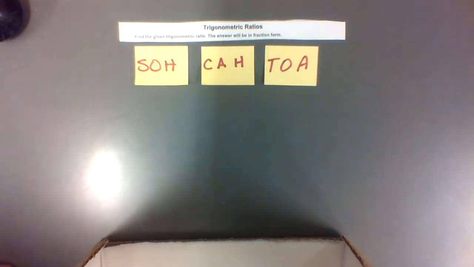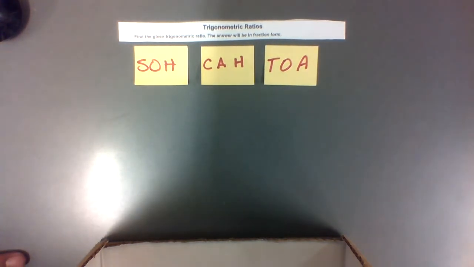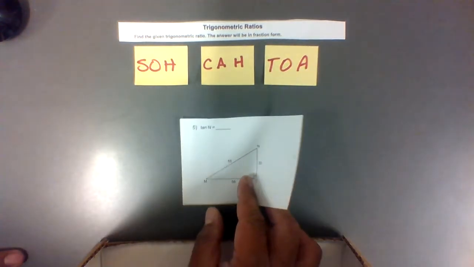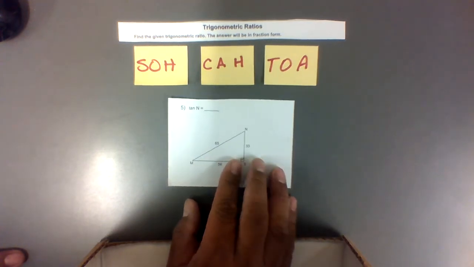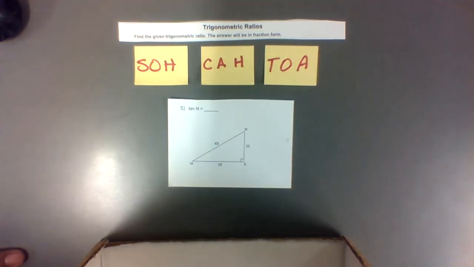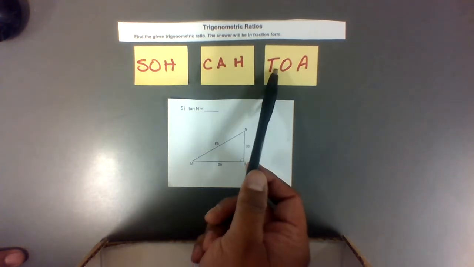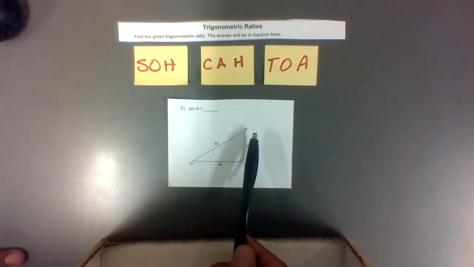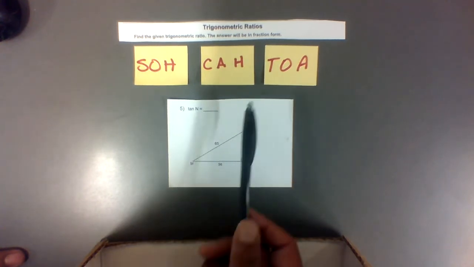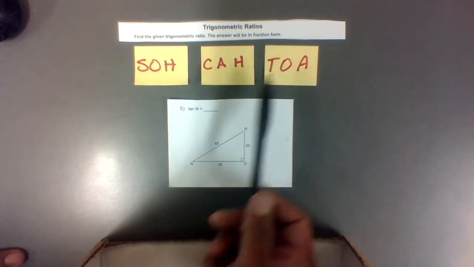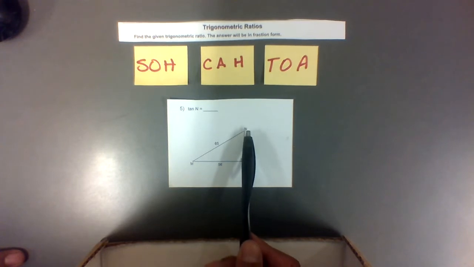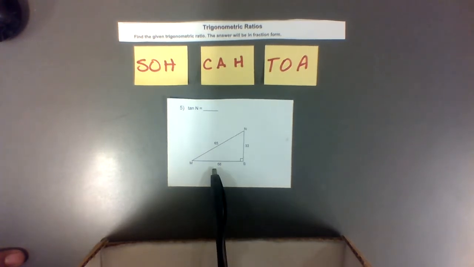Let's see what another one looks like. Let's bring it on up from the bottom. In this question, we're looking for the tangent of N, which is here. Tangent is made up of opposite and adjacent. So what is the opposite side of angle N?